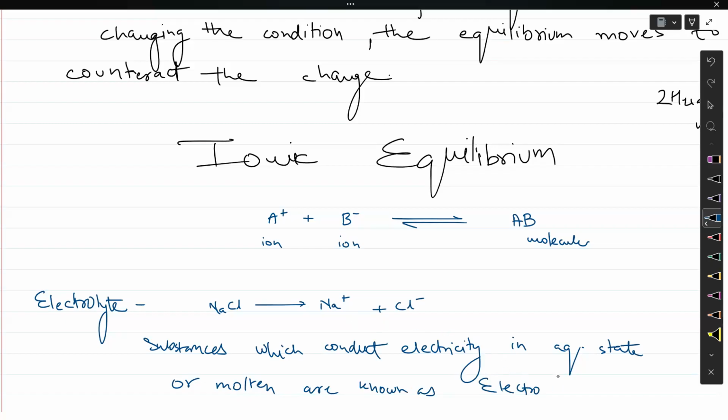Because of the presence of cation or anion in the aqueous solution, they will conduct electricity। बात समझ में आ रही है?